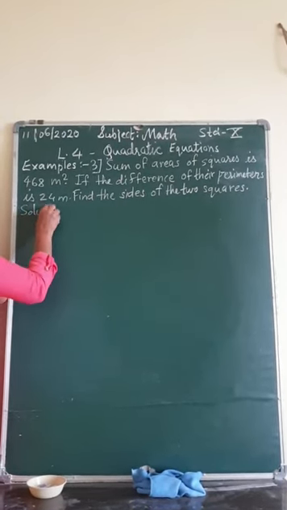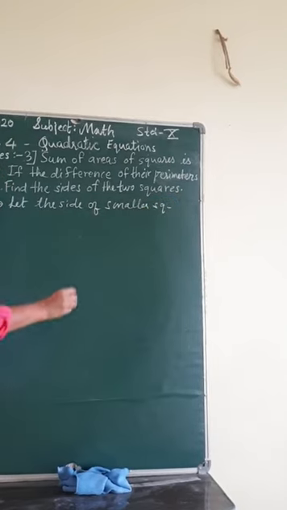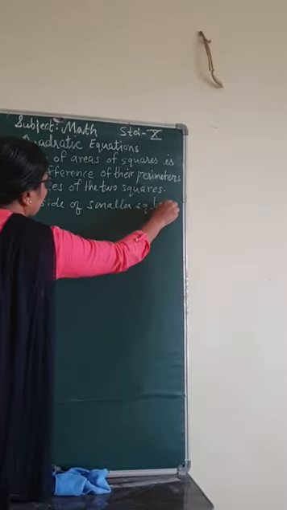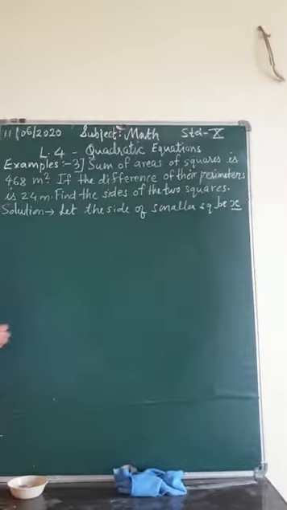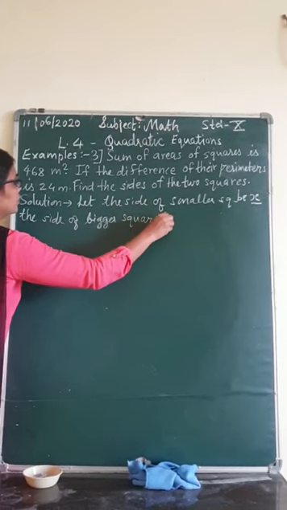Let the side of smaller square be x. Then the side of bigger square be y.